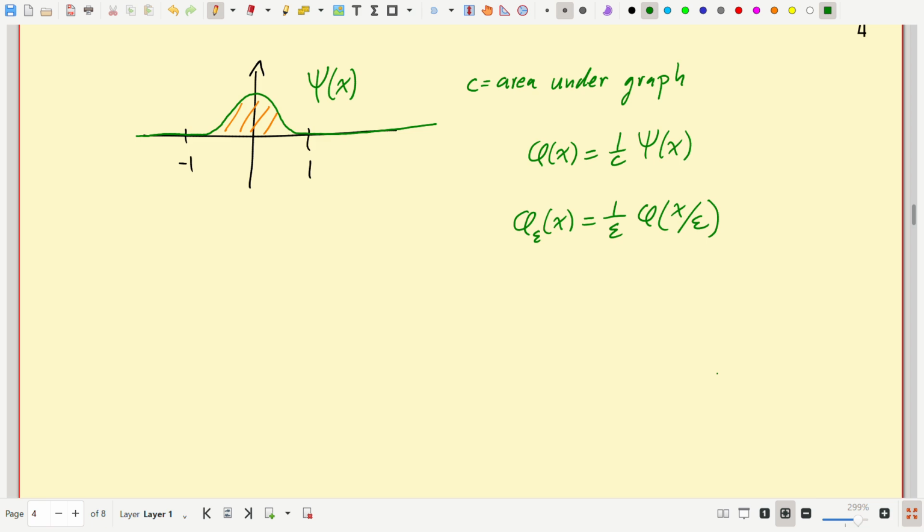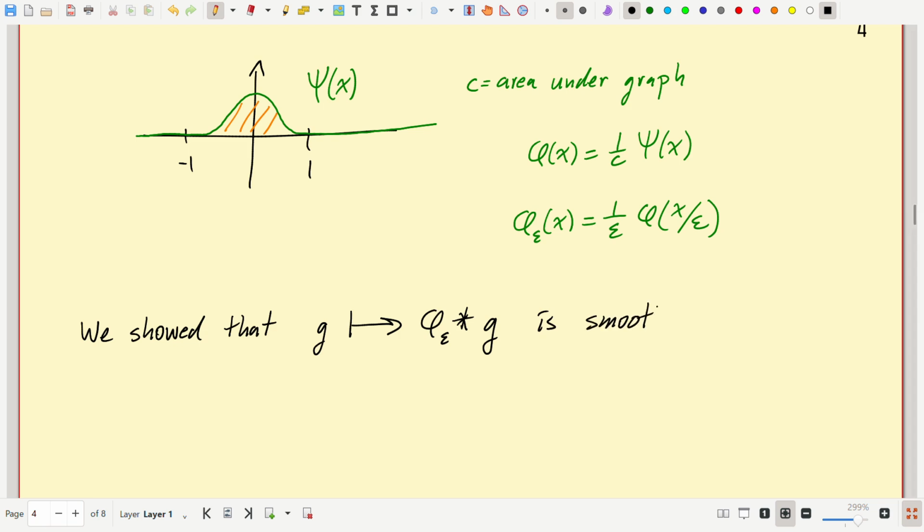Okay, and so we showed a few lectures back earlier in the semester that this thing is a smoothing operator. We showed that G goes to phi sub epsilon convolved with G is a smoothing operator. It smooths things out, and you can differentiate under the integral sign over and over again.